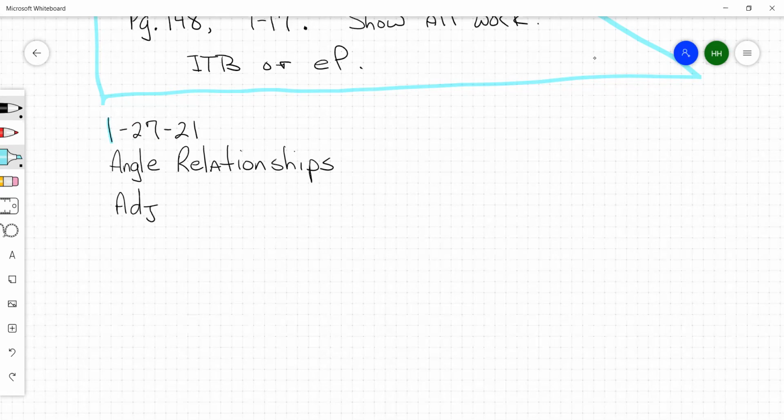Adjacent angles. Adjacent angles, they're next to each other.